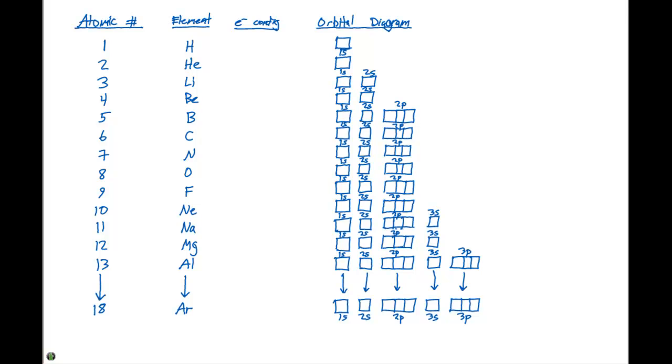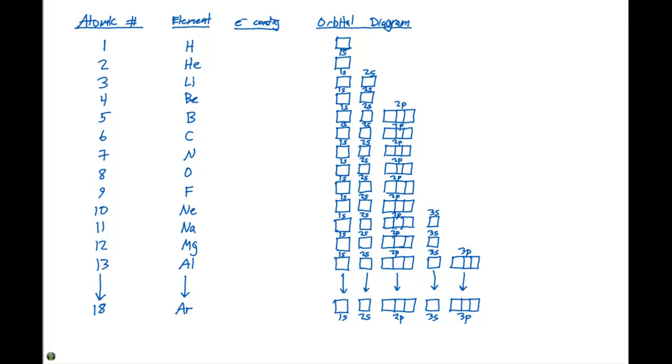In this video, we are going to write out the electron configuration and draw the orbital block diagrams for the first 18 elements. And we're going to be drawing the ground state electron configurations. And remember that for an atom in its ground state, the number of protons is going to equal the number of electrons.